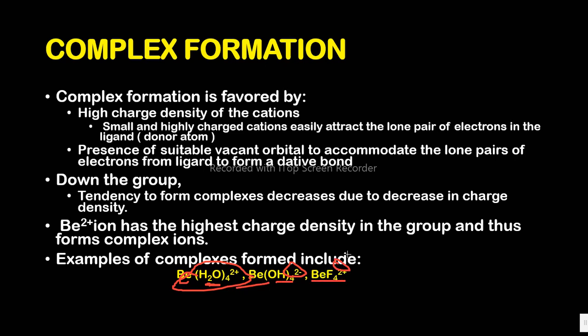So you are able to form complexes. Why? Because of that small size and high charge. Okay? Then you can easily accommodate the electrons from these donor ligands, and since you have somewhere to donate the electrons to, you can easily form complexes. Is that okay?